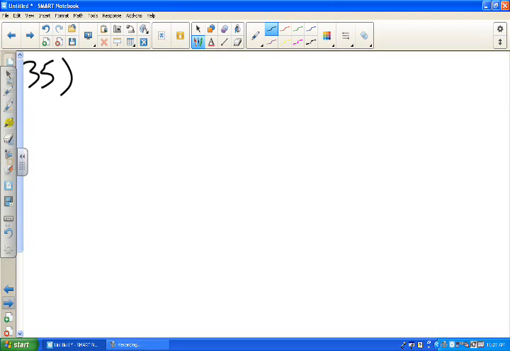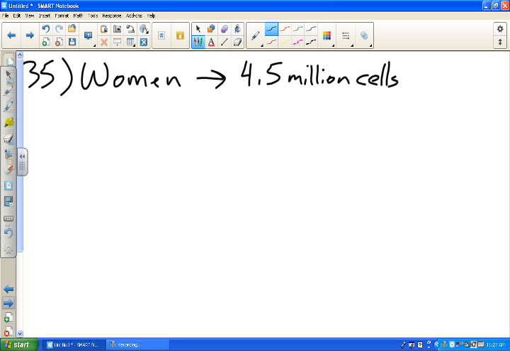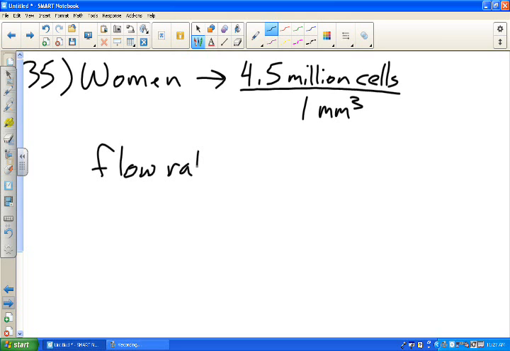So for problem number 35, we are given some information. Women have 4.5 million red blood cells per 1 cubic millimeter.